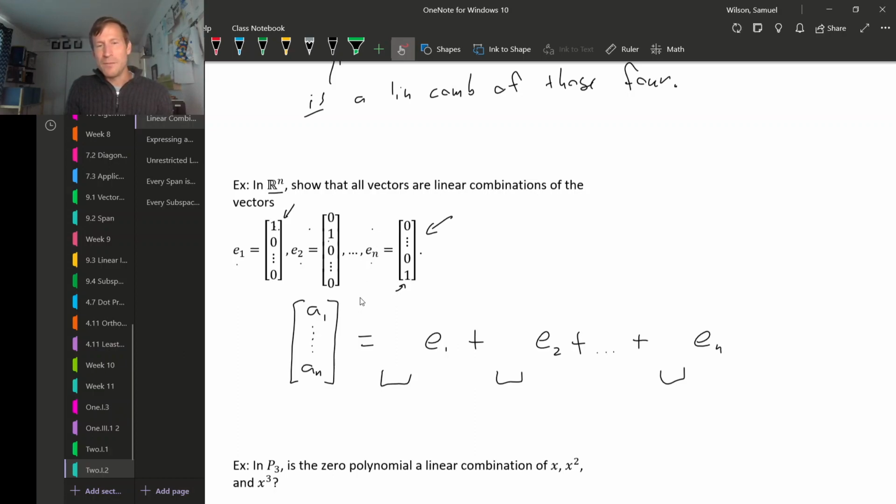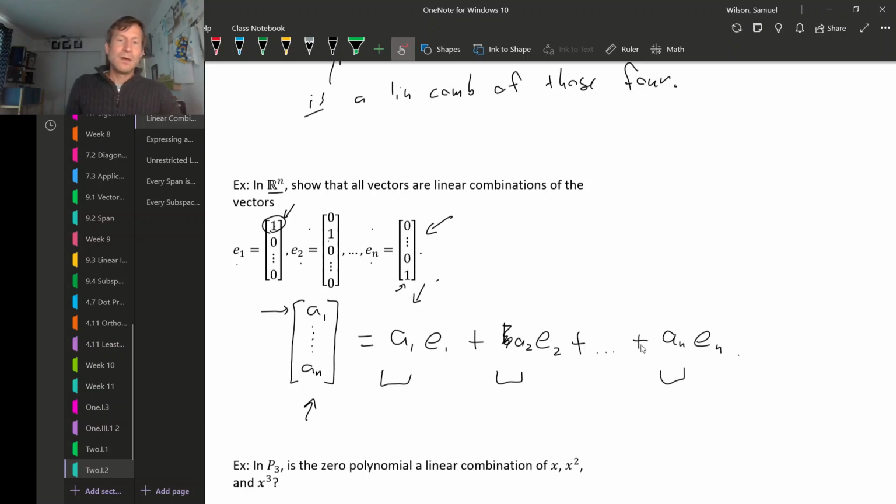So whatever scalar we put in front of, say, E1, that is the only scalar that will affect the first entry of this linear combination. And we want that first entry to be A1, so we should put A1 right here. But that means we should put A2 right here, and so on down to An. Okay, so this shows that every vector in Rn is a linear combination of just these n vectors.